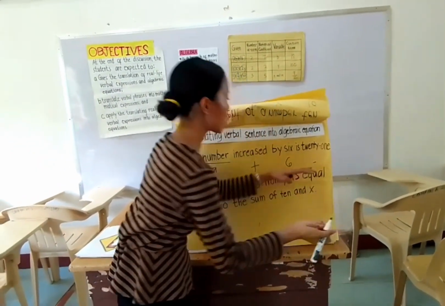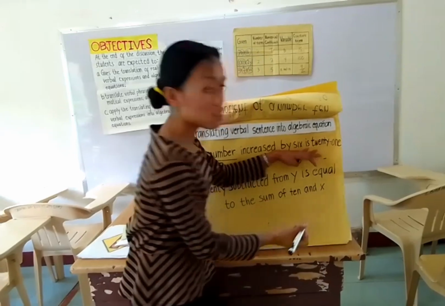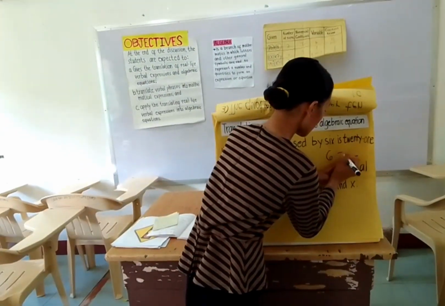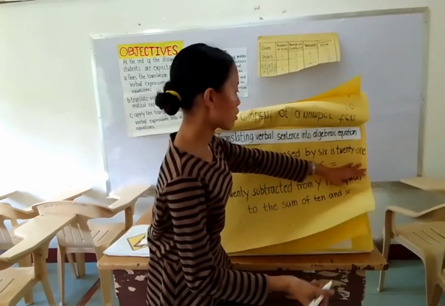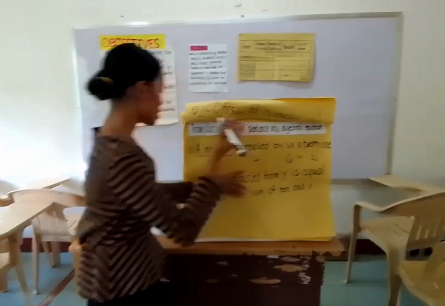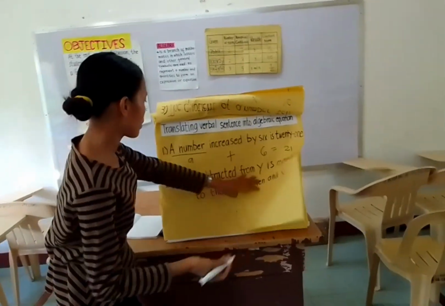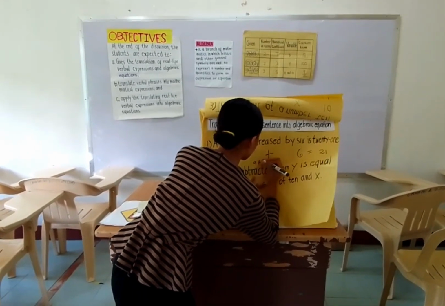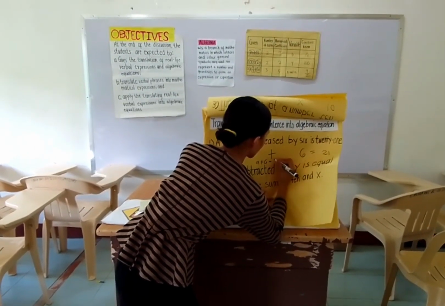And then the word is is represented as equal. So the algebraic equation is a plus 6 is equal to 21.